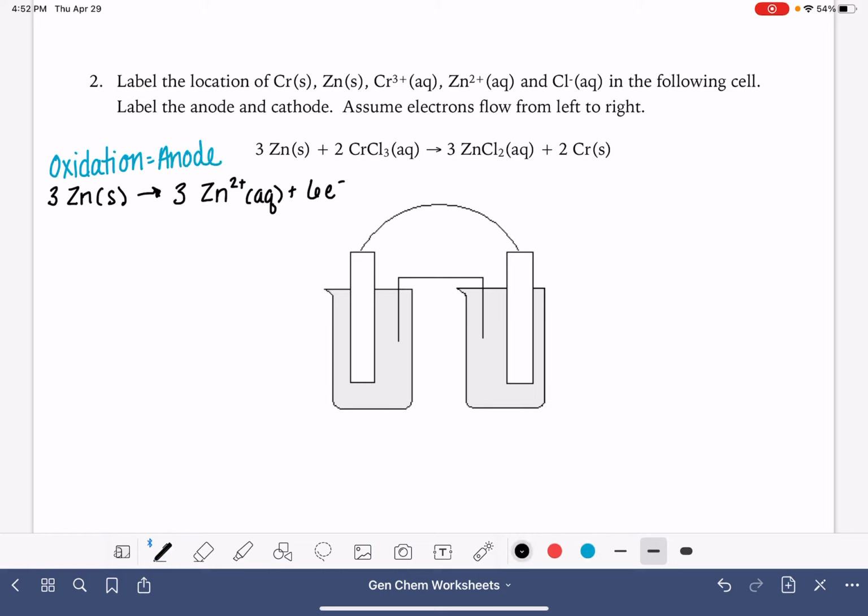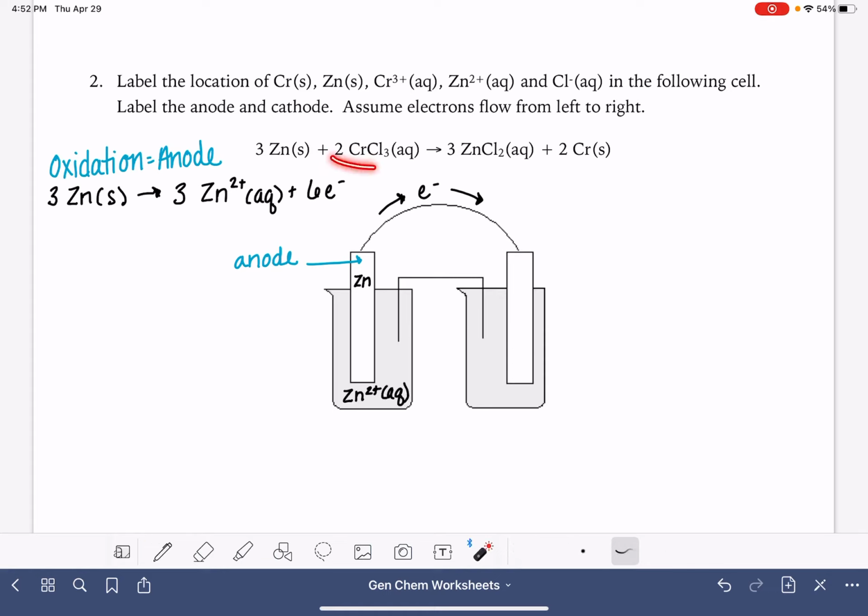Since we know that electrons in this diagram are going to be flowing from the left side to the right side, we know that zinc is going to be on the left side, losing its electrons across the wire over to the other electrode. We can label this as the anode. We also know that the Zn2+ ions, as they are formed, are going to end up down here in this solution, aqueous.